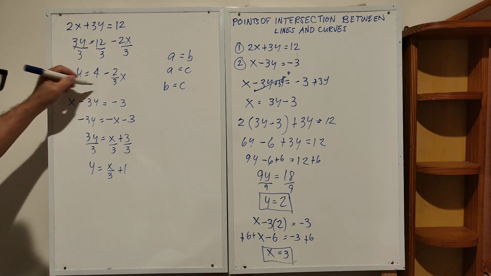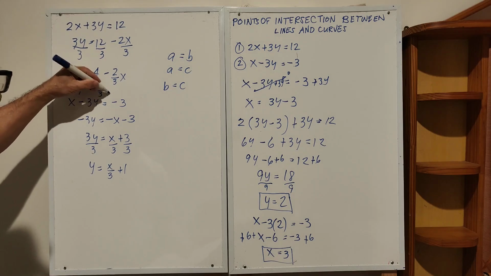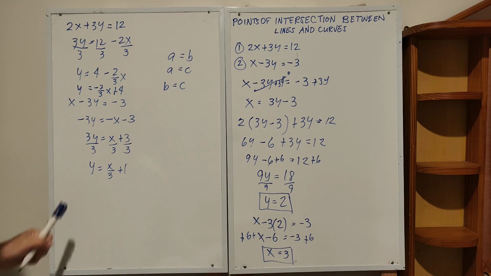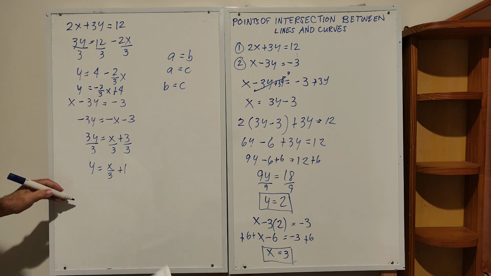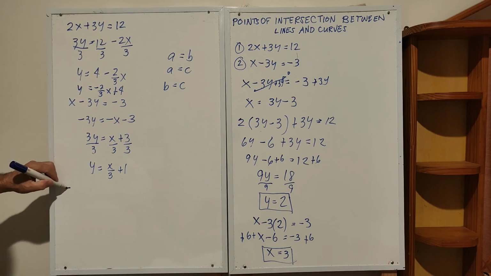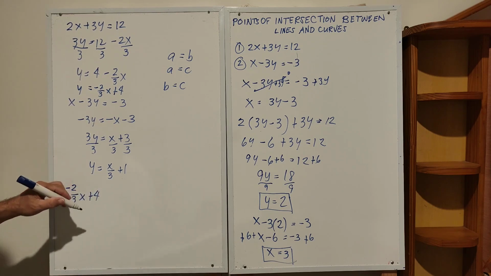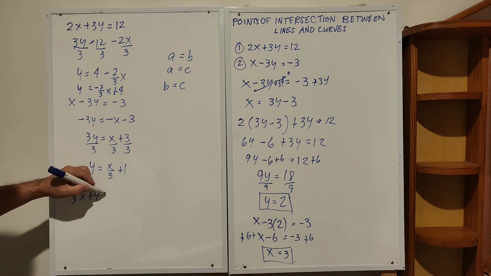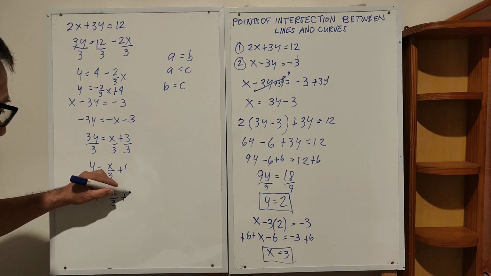I'll just rearrange this one: y is equal to negative 2/3 x plus 4, to make it look like slope-intercept form. So I will equate this one and this one. That would be negative 2/3 x plus 4 is equal to x over 3 plus 1.